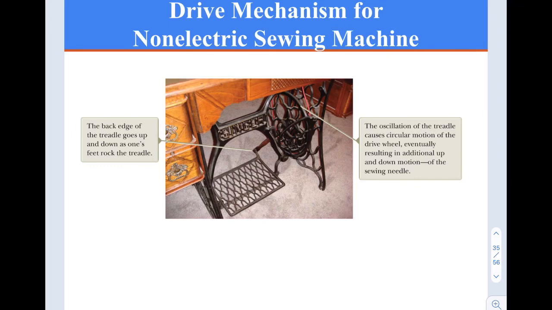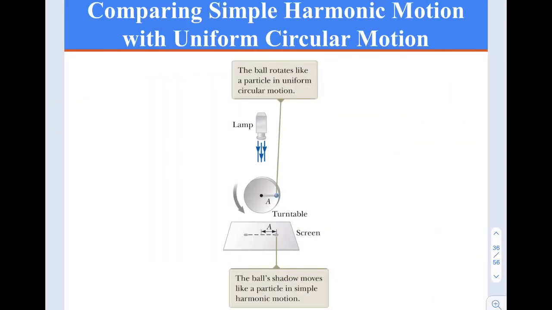If you recall your grandmother's traditional sewing machine, we place the foot on this pedal, and then we move our foot up and down, and it is transferred to the drive wheel. So the drive wheel rotates. That is how vibration can be converted into rotational or circular motion.